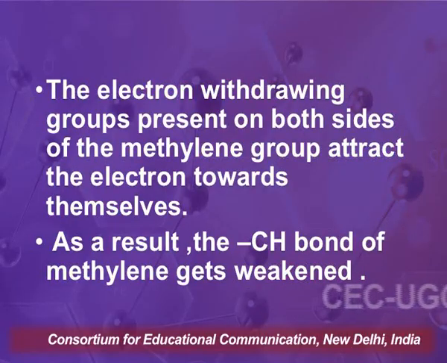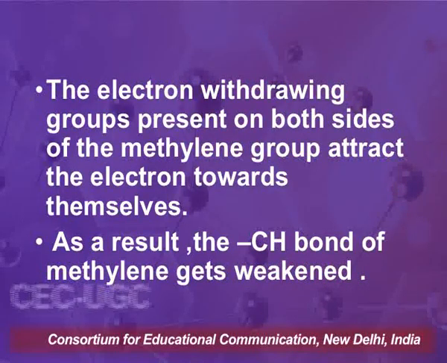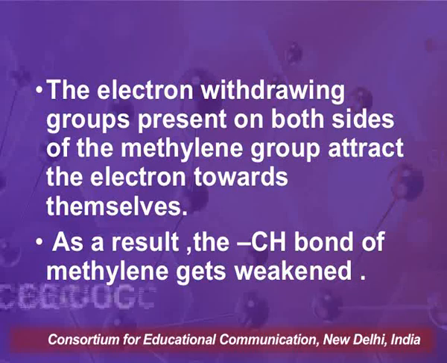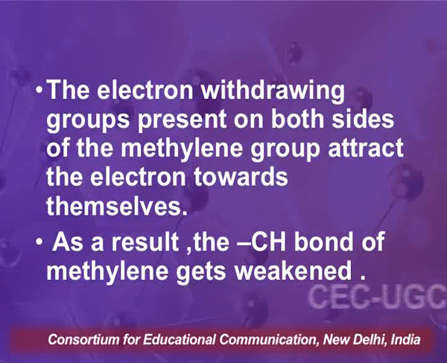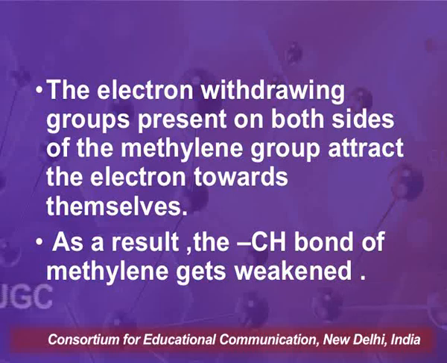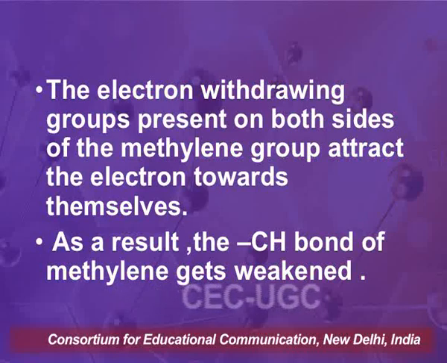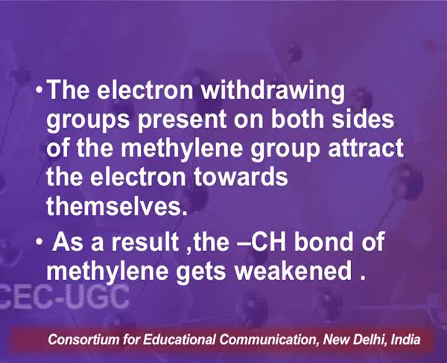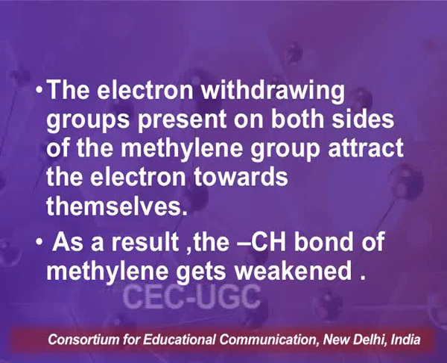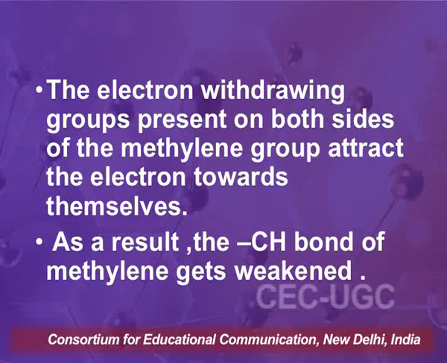So if a methylene group is sandwiched between two electron withdrawing groups, both may be acetyl groups, as in the ketone we studied, pentane 2,4-dione, or, as in ethyl acetoacetate, the ester group and the acetyl group.